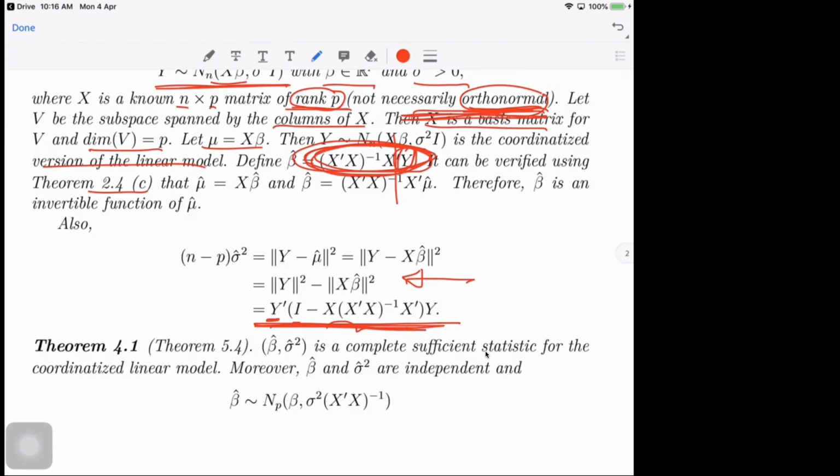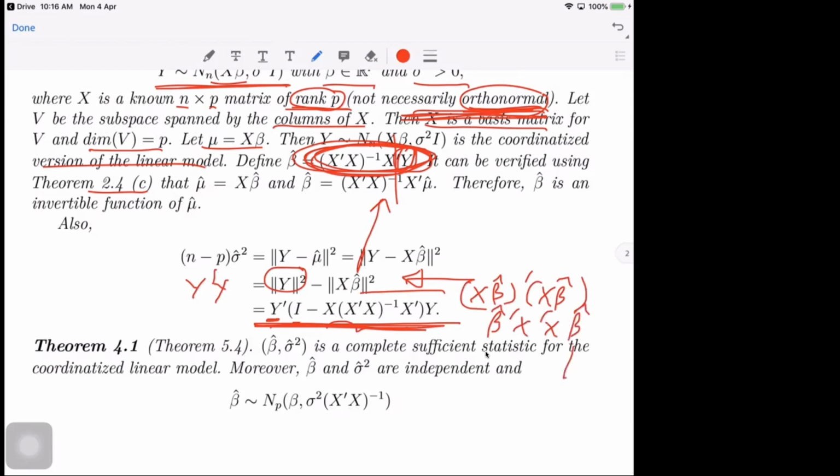So use this also in expanding. This one is Y prime Y. This one is X beta hat prime X beta hat, which is X beta prime X prime X beta hat.